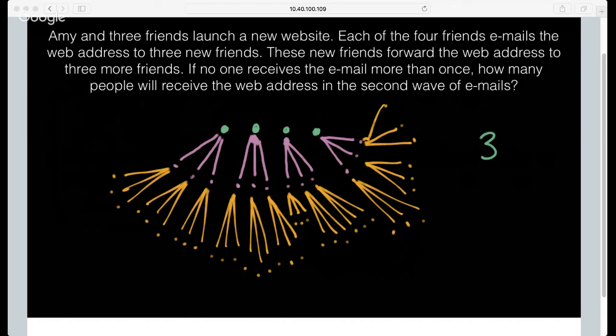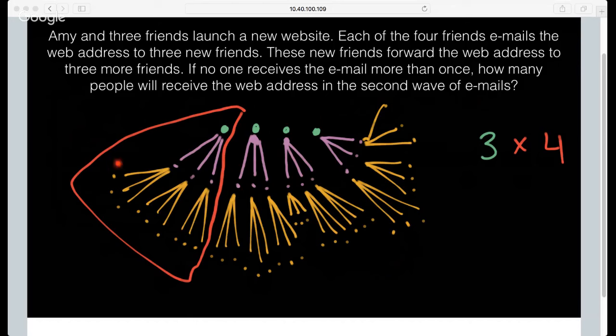Here was Amy. If we can figure out what hers might be, then we only need to have that same thing multiplied 4 times, because there are 4 of these, 1, 2, 3, 4. So let's figure out Amy, and then let's find it 4 times.